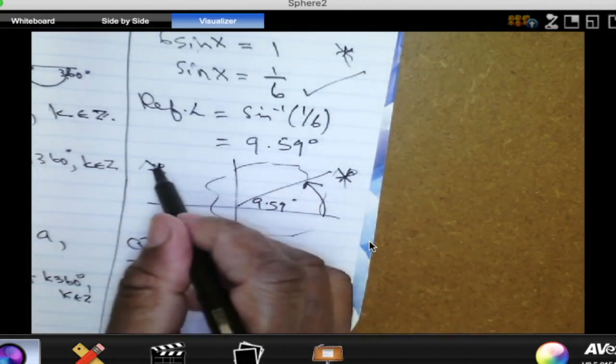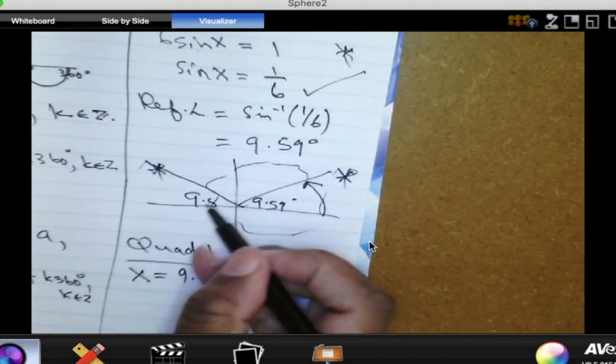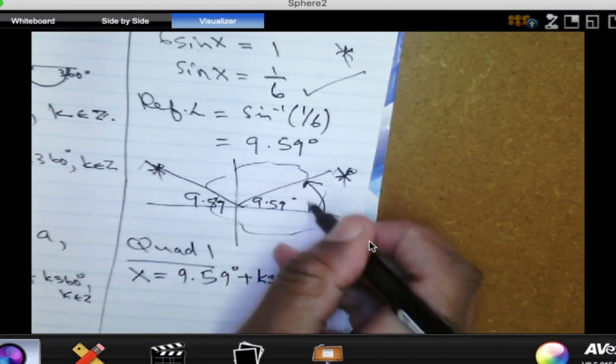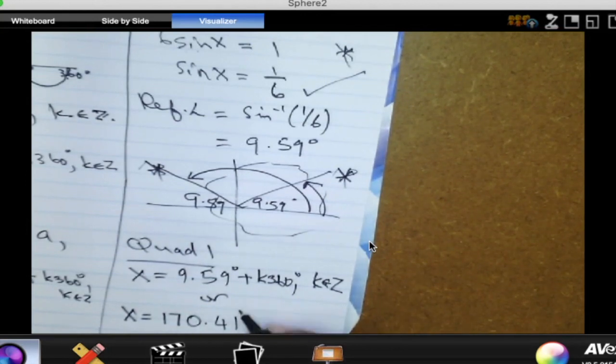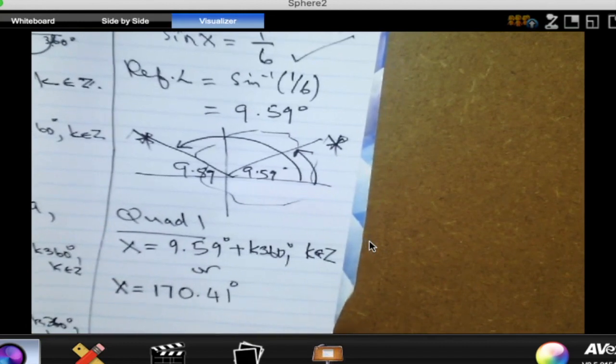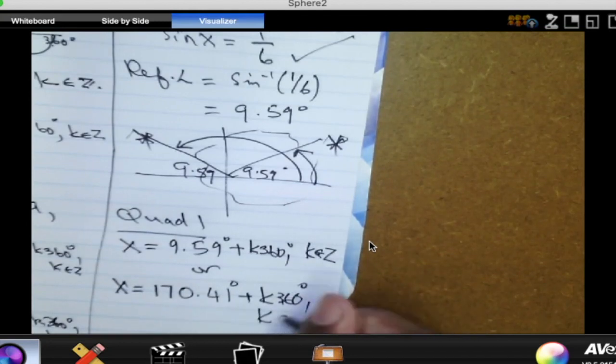Then in quadrant 2, remember this angle now is 9.59. So how many degrees is all that? 170.41. Okay. 170.41 plus k 360, where k is an integer.